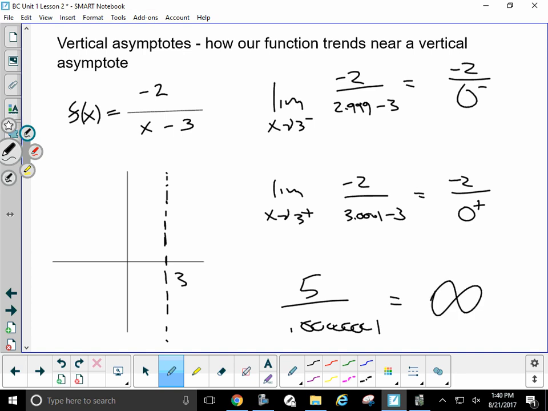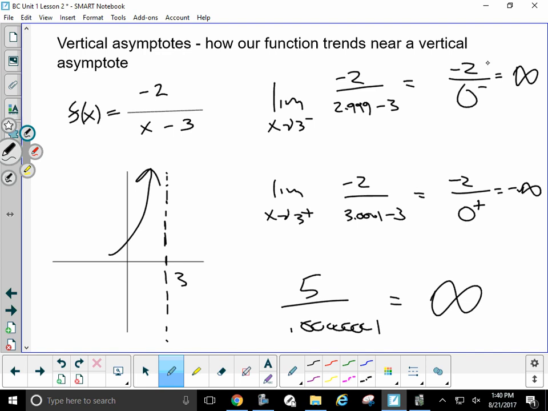Infinitely large, right? As long as we understand signs, and like positive divided by a negative is a negative, negative divided by a negative is a positive, I could tell that this, as we're approaching 3 to the left, will be approaching positive infinity. As we're approaching 3 from the right, this will be approaching negative infinity.